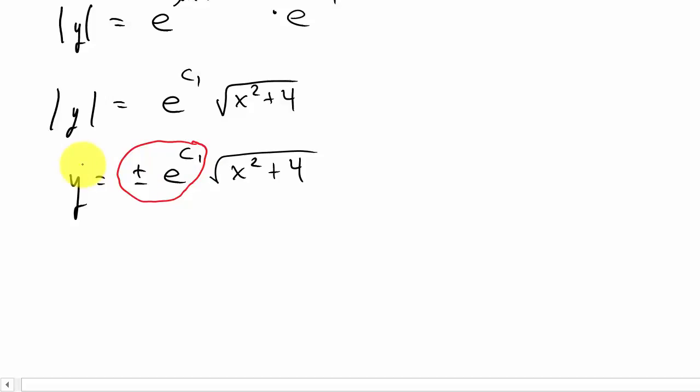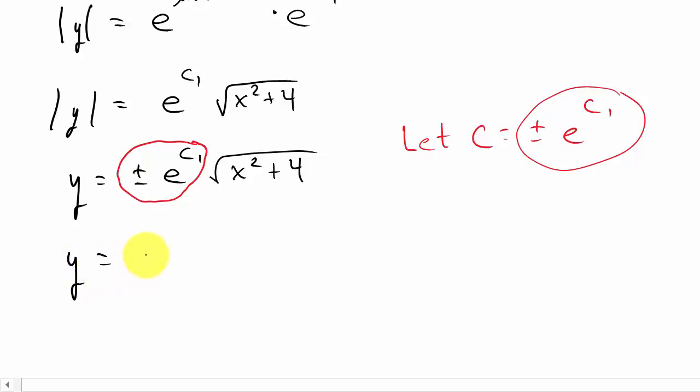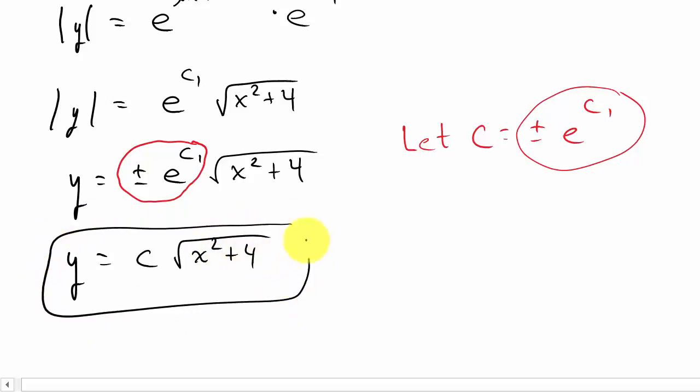Whether it's plus or minus, we don't know. So we'll come over here and say let c equal plus or minus e to the c1, and this will be replaced with c. And so I get y equals c times the square root of x squared plus 4. And this would be your general solution.